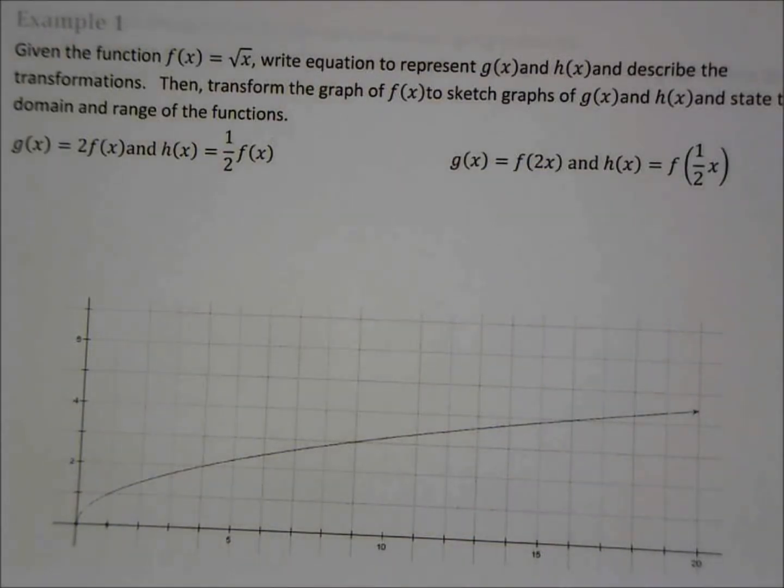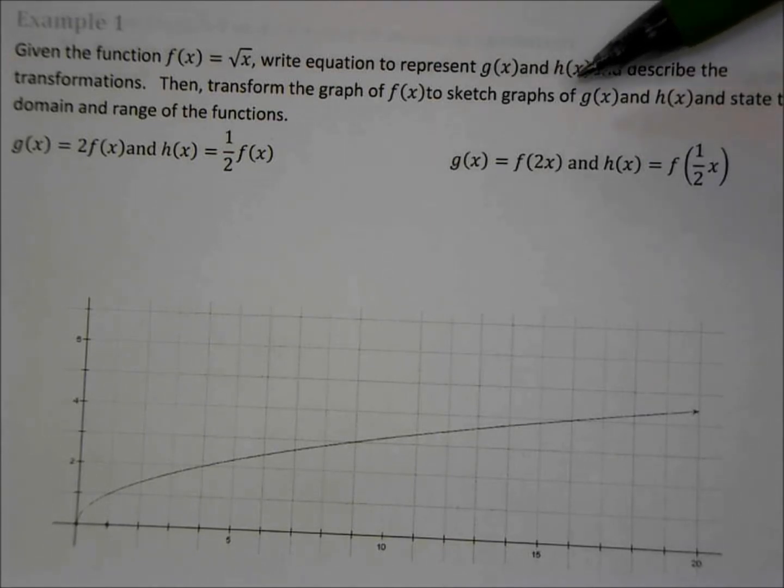So I'd like to look at an example of horizontal stretches or horizontal compressions. Given the function f of x equals square root x, write the equation to represent g of x and h of x described over here, and describe the transformations. Then transform the graph of f of x to sketch the graphs of g and h, and state the domain and range of the functions.